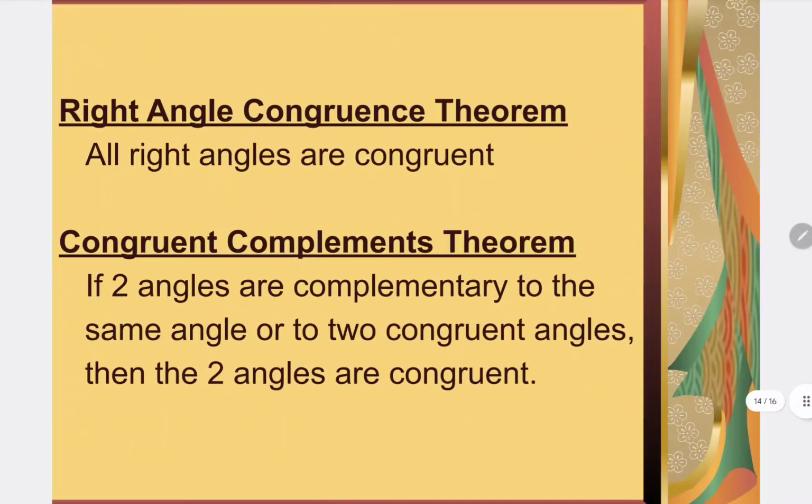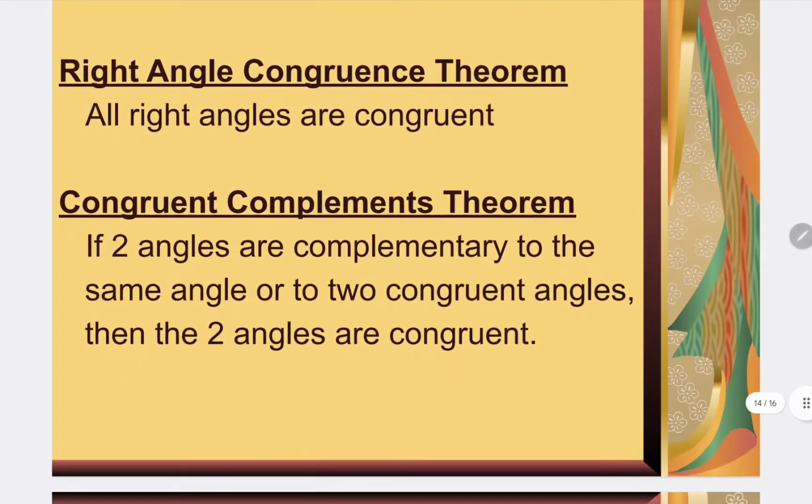The right angle congruence theorem says that all right angles are congruent. And finally, the congruent complements theorem says that if two angles are complementary to the same angle or to two congruent angles, then the two angles are congruent.